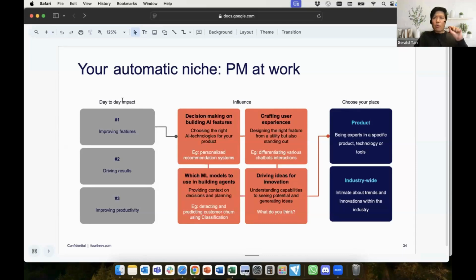Your day-to-day impact is already a place for you to be a mini expert in, okay? Whether it's improving features, driving business results or product results, or improving your team's productivity, you can pick any one of these, and you can already start asking some questions from an AI perspective.